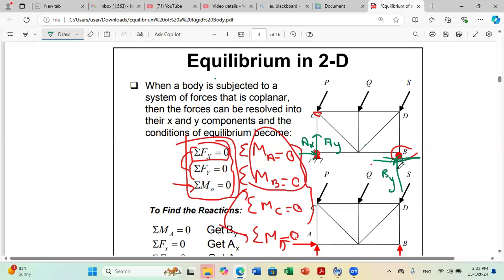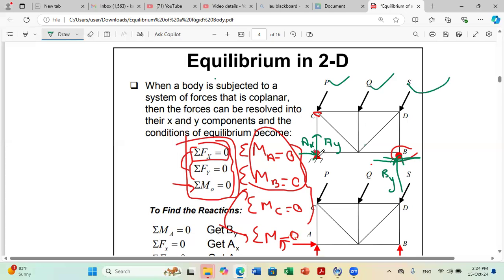You can say, for example, to calculate BY in one equation directly. Okay, from one equation. Which equation can I use? Which equation will only have By as unknown? Who can tell me? Sum of moment about A. Yes, very good.